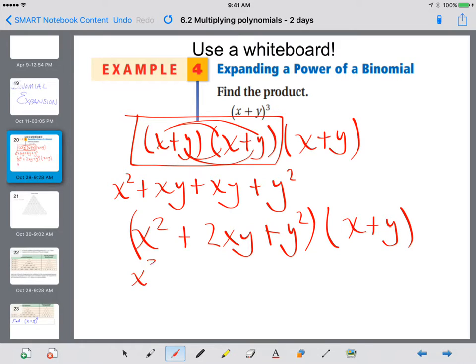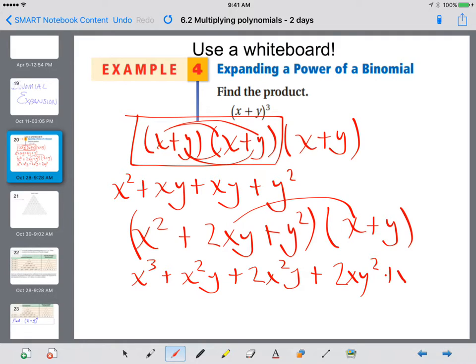We get x to the third plus x to the second y. Now I have to do 2xy times x, which would be plus 2x squared y. 2xy times y would be 2xy squared. And then we have y squared times x, which would be plus xy to the second.